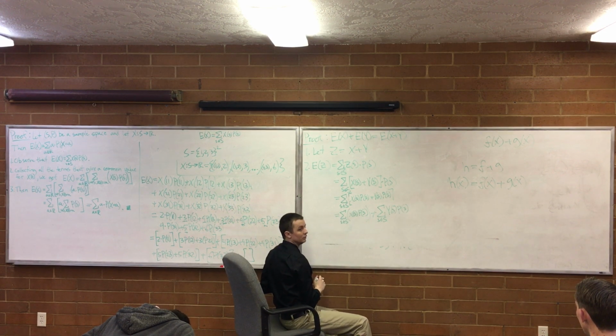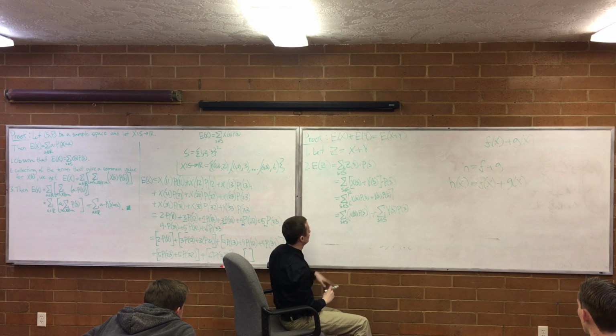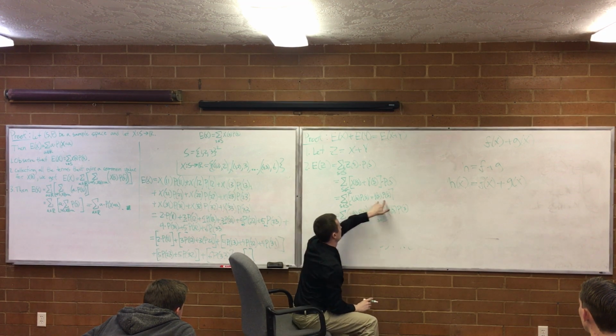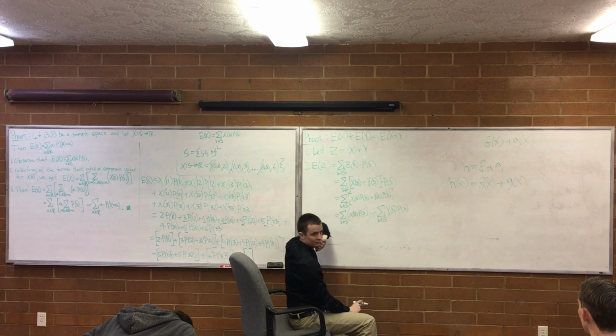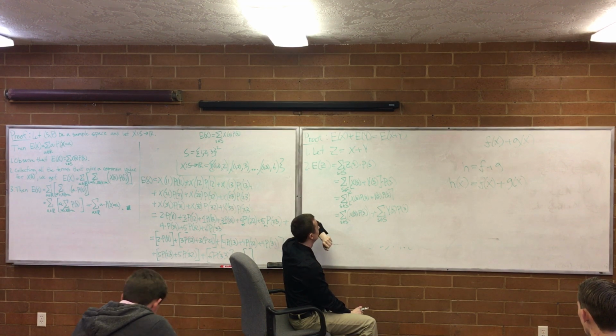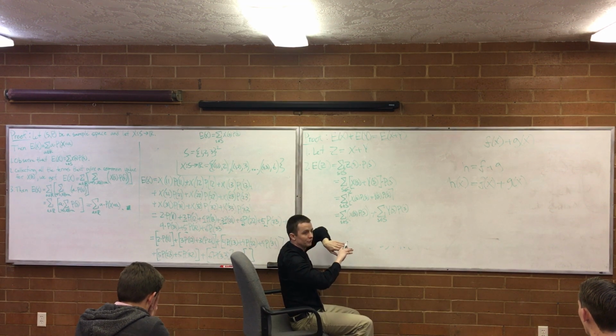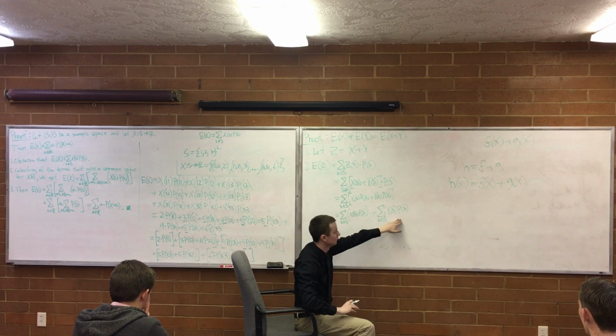Right? Since we're just adding anyways, instead of doing the sum of this plus this, I can do the sum of all these plus the sum of all these. Oh, you're distributing the sum, kind of? I'm splitting my sum into two separate sums.